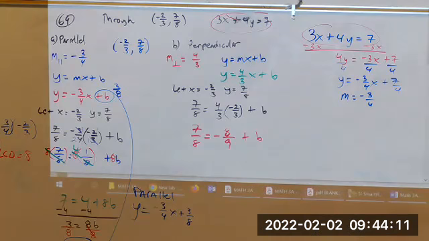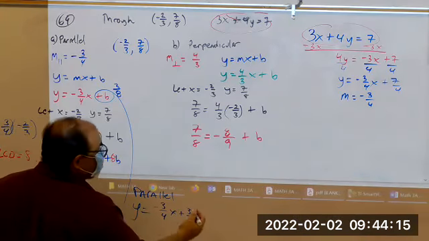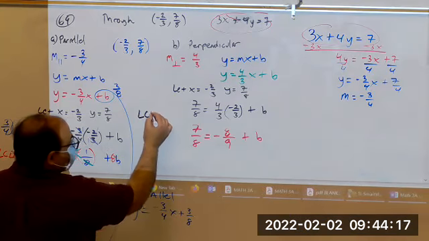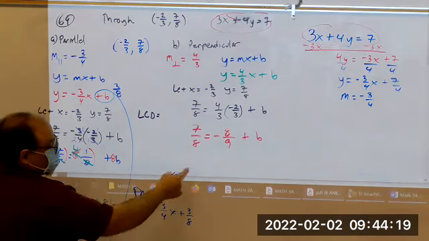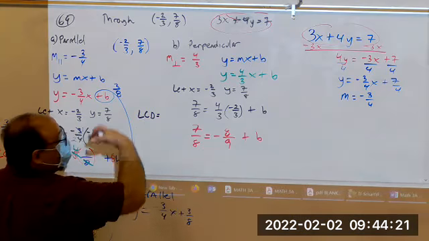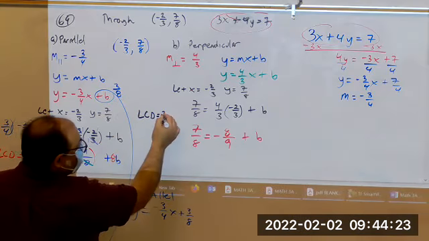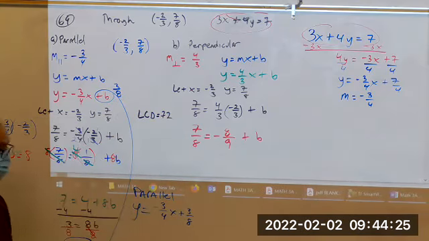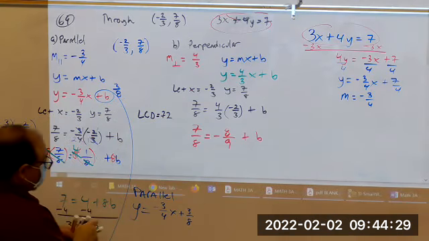So now you either add 8 over 9 to both sides, or I'm going to multiply by the least common denominator. The first thing that an 8 and a 9 go into is a 72. So everybody gets multiplied by 72.